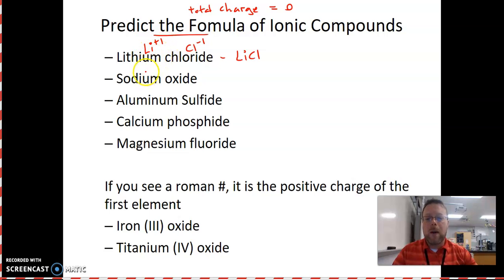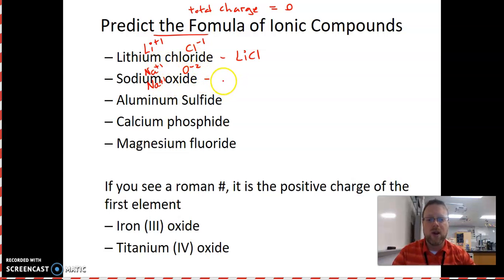Now, if your amount of positive charge isn't the same as your amount of negative charge, then you might have to have more of one atom or the other. In this case, sodium's a +1 and oxygen is a -2. And so, if you're going to try to figure out how to get this thing to be neutrally charged, well, it would take another +1 sodium, because each sodium is a +1, to balance out with a single -2 oxygen, so that the total of +2 and -2 adds up to 0.